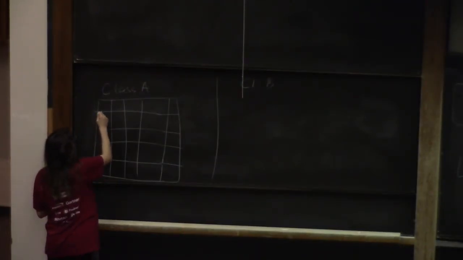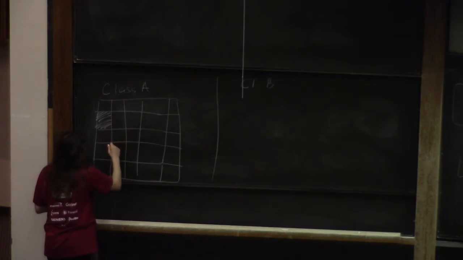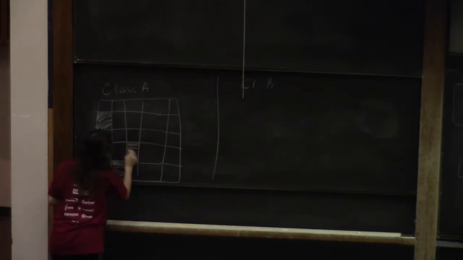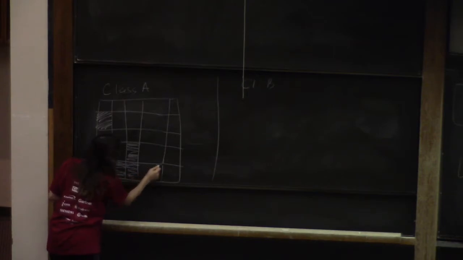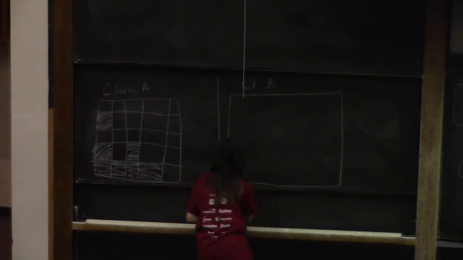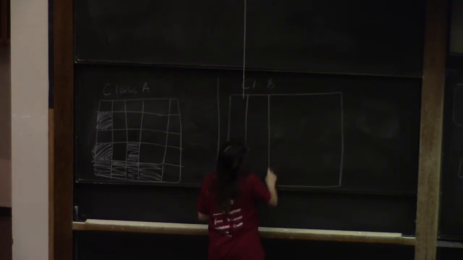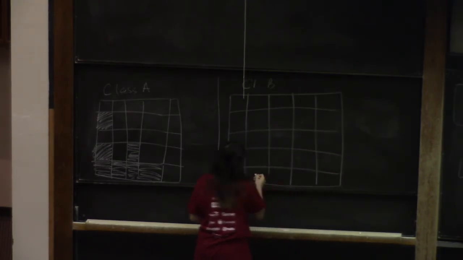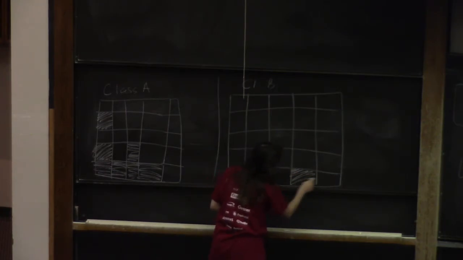So I'm going to say classifier A looks something like this. And classifier B, on the other hand, looks something more like maybe this.